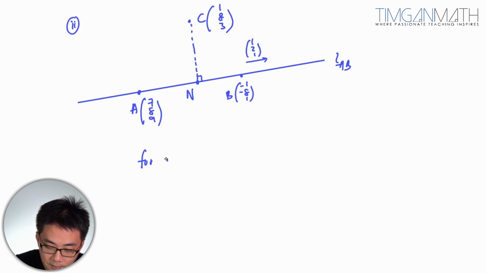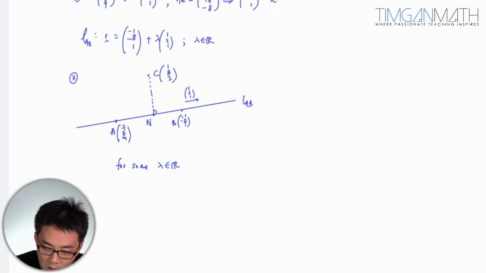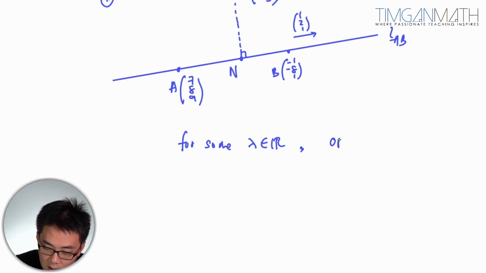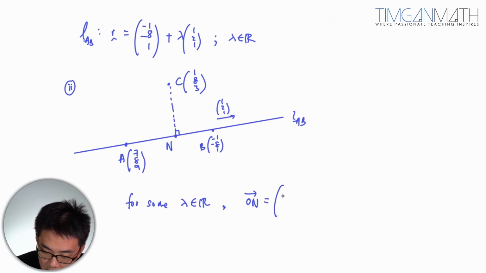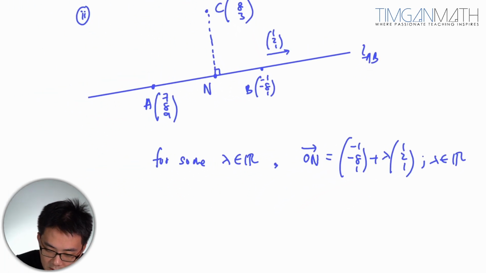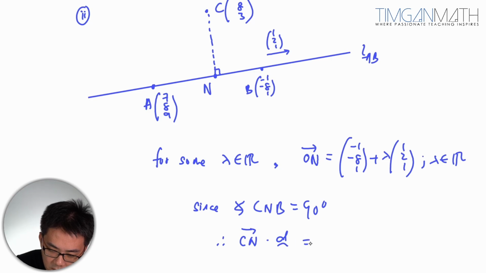Since N is on line AB, for some real value lambda, ON is the line equation itself: (-1, -8, 1) plus lambda (1, 2, 1). Since angle CNB equals 90 degrees, CN dot D would be 0.